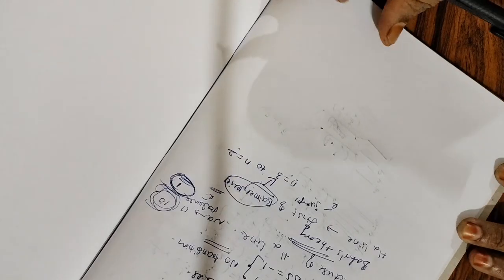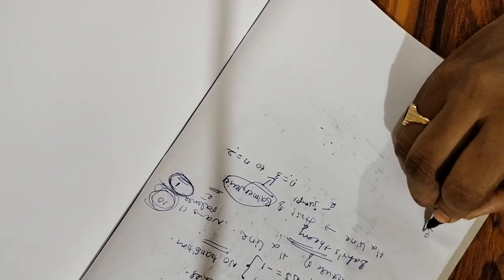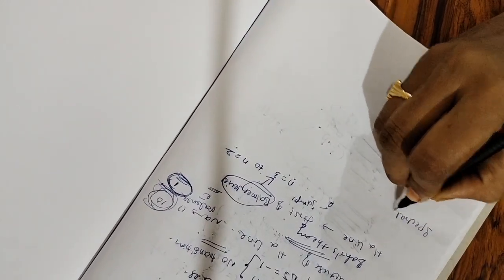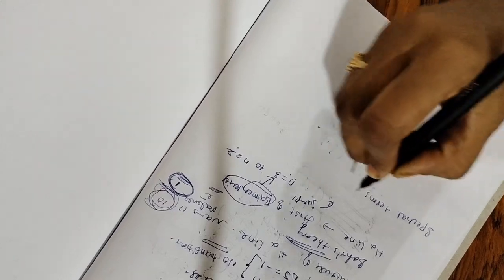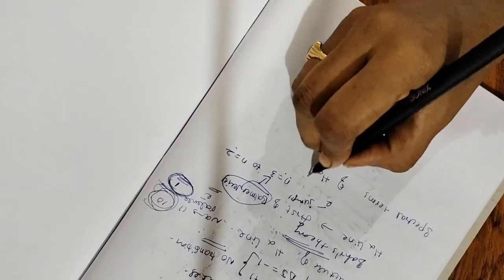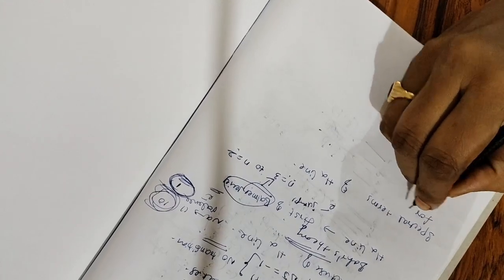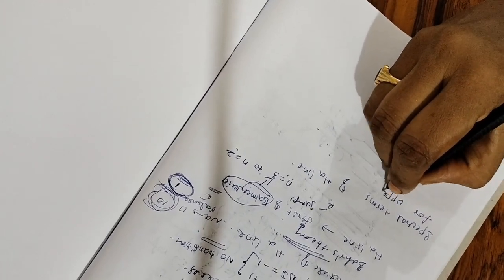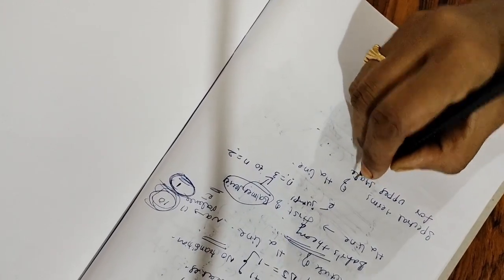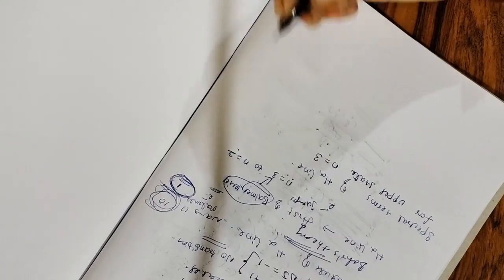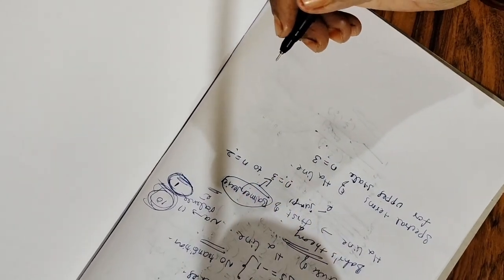Now let us write the spectral terms of the H alpha line. First let us write for the upper state. What is the upper state? n equal to 3.